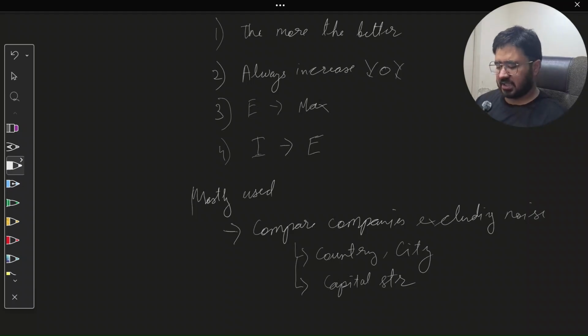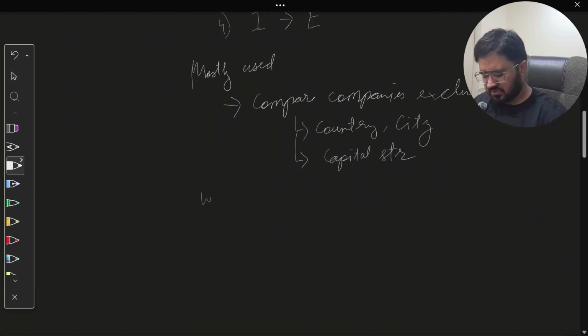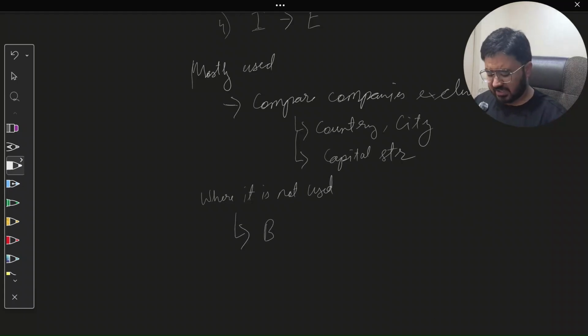And let me just tell you the caveats as well, where it is not used. It is generally not used in the banks or NBFCs. Why?